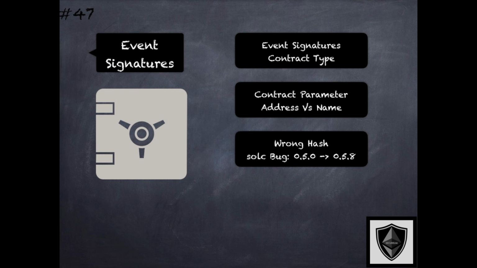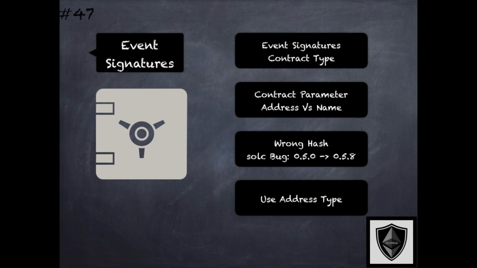And this resulted in a wrong hash for such events being used in the logs. And the mitigation here was to fix the compiler bug, which happened in version 0.5.8, where the address type was used instead of using the contract name incorrectly.